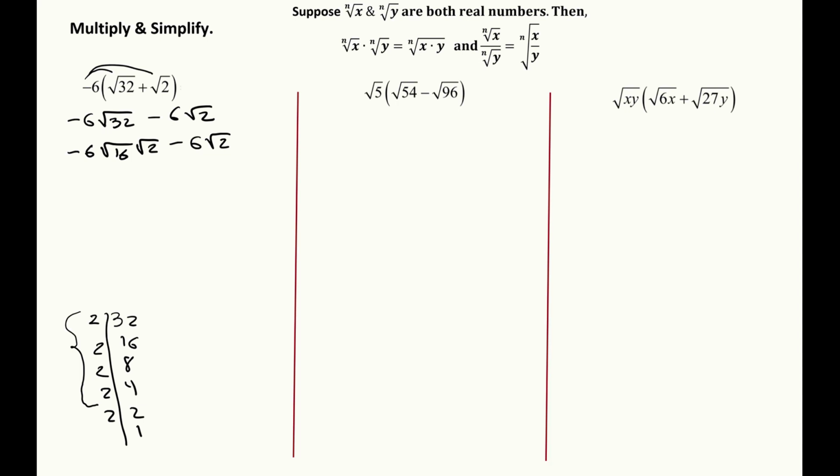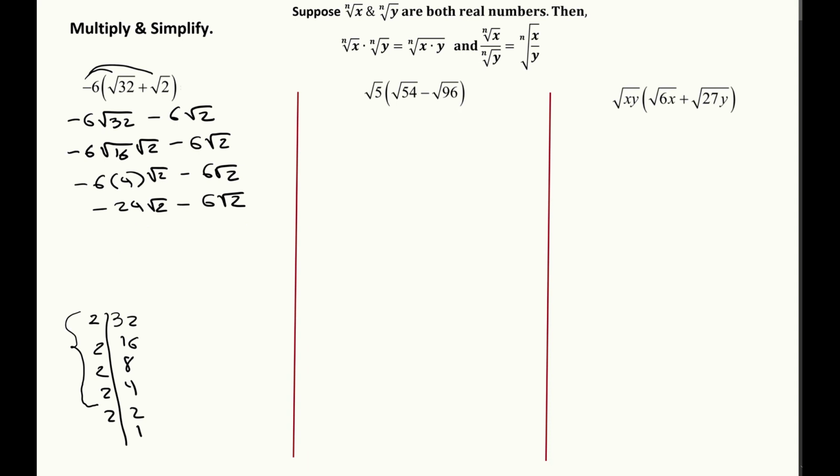So that's going to be -6 times 4 radical 2 minus 6 radical 2, which is -24 radical 2 minus 6 radical 2. And of course now we have two like terms because the radical parts are the same. So we can go ahead and combine those to get -30 radical 2.